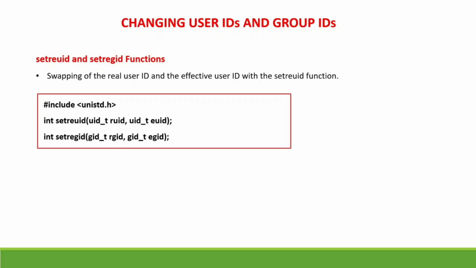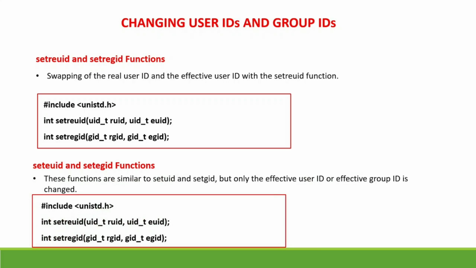And the rule is simple. An unprivileged user can always swap between the real user ID and effective user ID by using this function. The next one is the seteuid and setegid functions. Very similar to the setuid function, but this works only for the effective user ID and effective group ID.